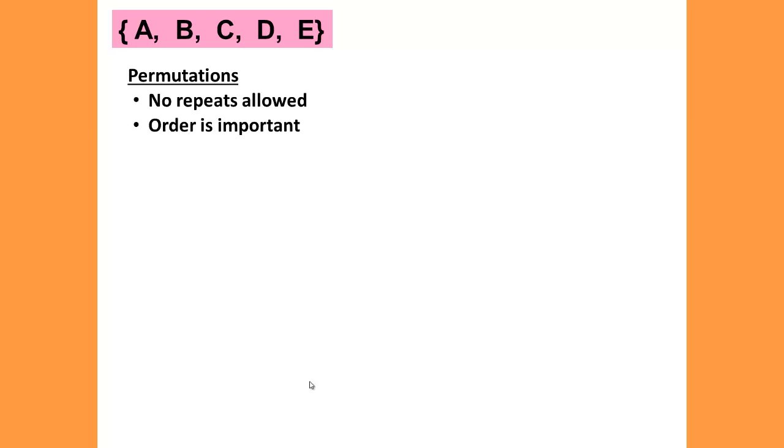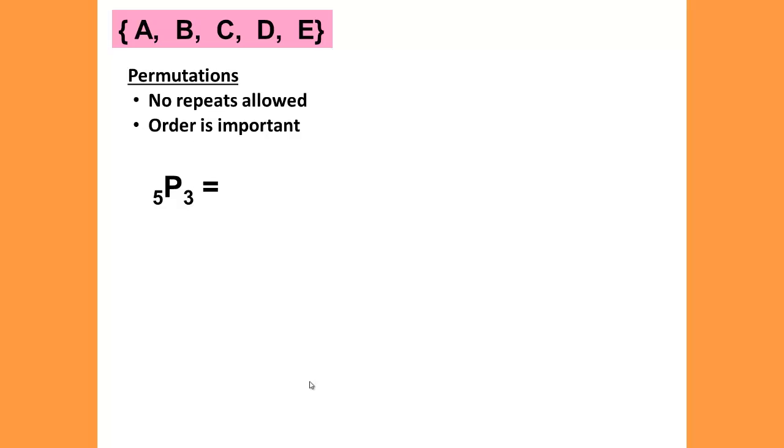So if I have 5 letters, such as A, B, C, D, and E, and I want to list the permutations or arrangements of those 5 letters if I take or pick 3 of them. That's my goal. Because if we're doing a permutation, remember that no repeats are allowed and order is important.